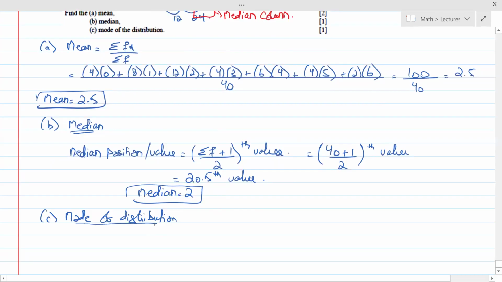So in case of the data being in frequency table form, it would be the column having the highest frequency, representing the modal class. So for finding the mode of the distribution, you first need to find the modal class, which is the class having the highest frequency.